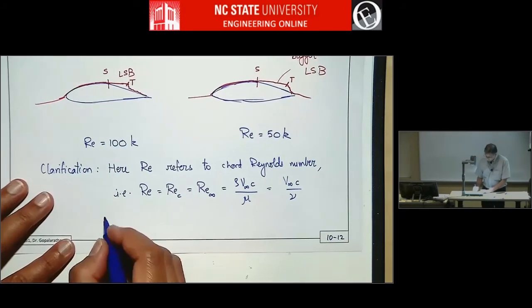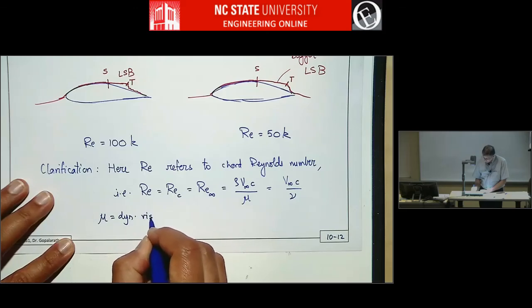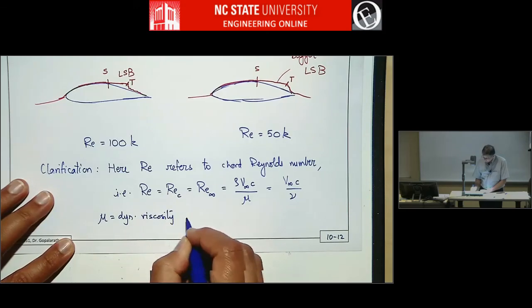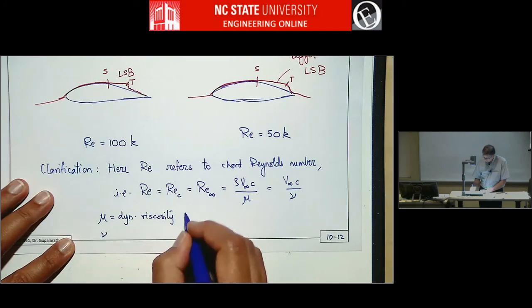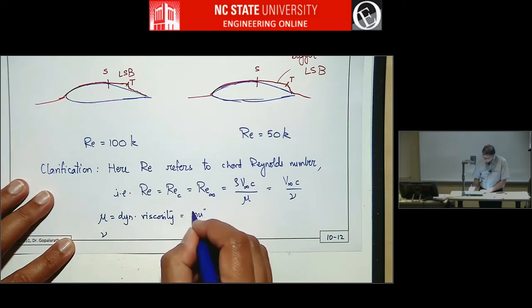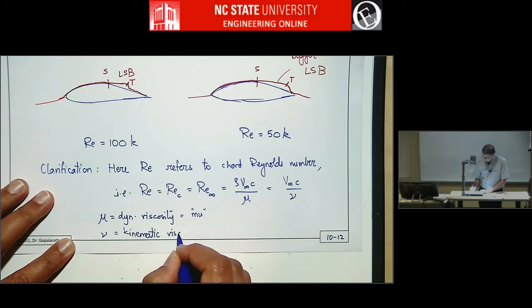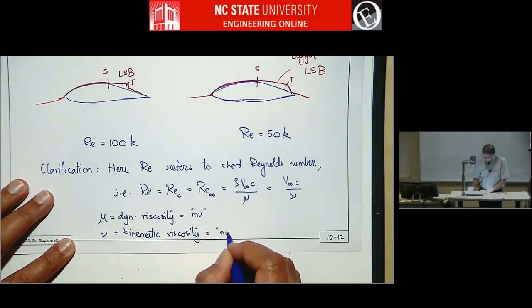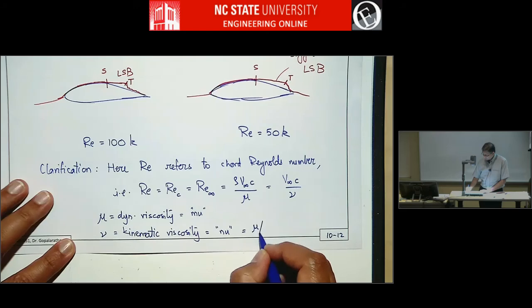Right, mu is dynamic viscosity coefficient, coefficient of dynamic viscosity. Nu, this is kinematic viscosity, and this is nu, and this is really mu over rho.